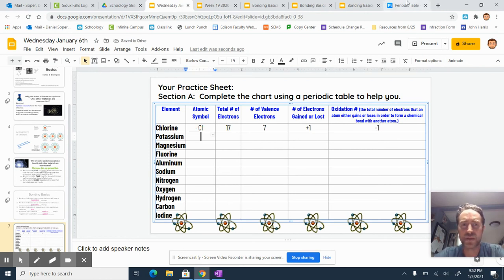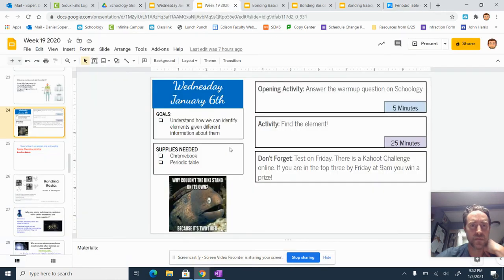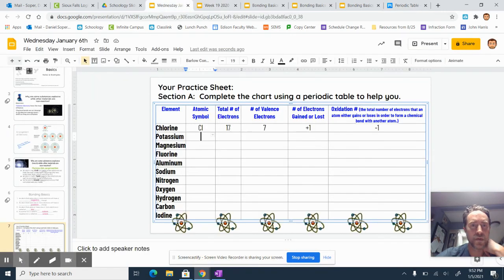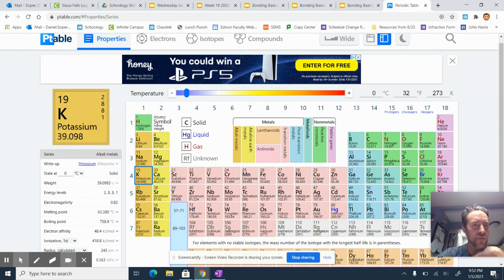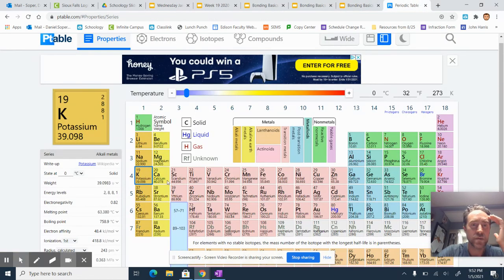Okay, let's do another one. Let's do potassium. Potassium's down here. It's number 19, which means it has 19 electrons. Its symbol is K. 19 electrons. Number of valence electrons? Well, let's take a look.